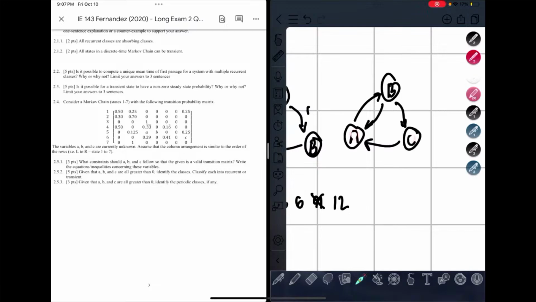Let's arbitrarily start at C. So C, 1, 2, 3. Wait, yeah, tama. 1, 2, 3. Wait lang. 1, 2, 3.